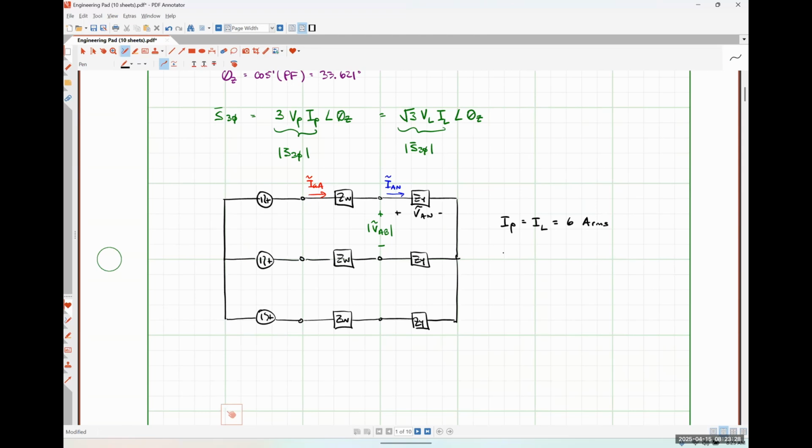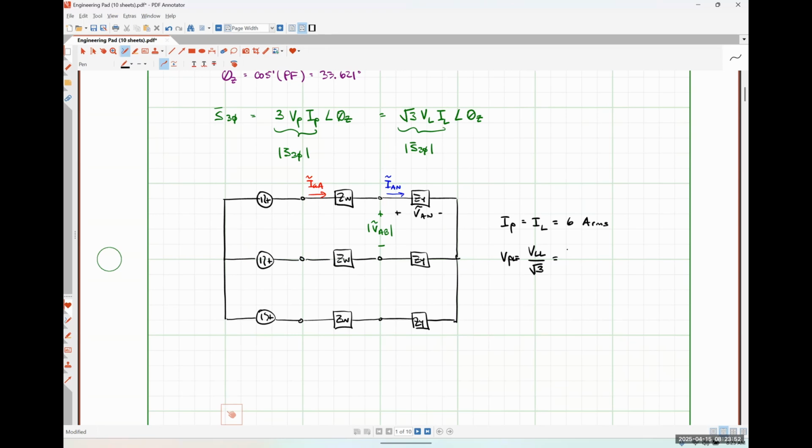Okay. So I could say that VPL is equal to VLL. So this is the phase voltage at the load, equal to the line voltage at the load divided by square root of 3, which should come out to be approximately 120 volts, but we'll double check it.